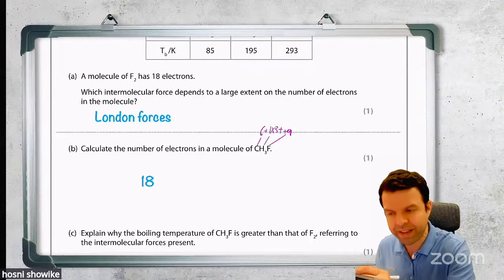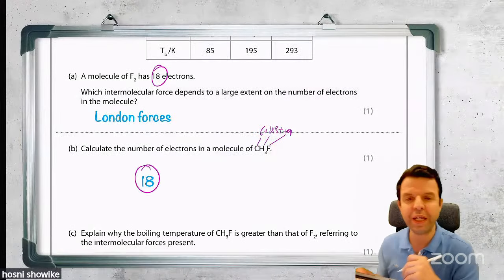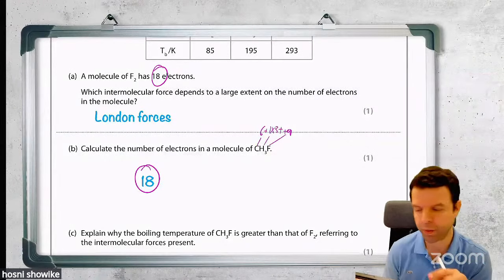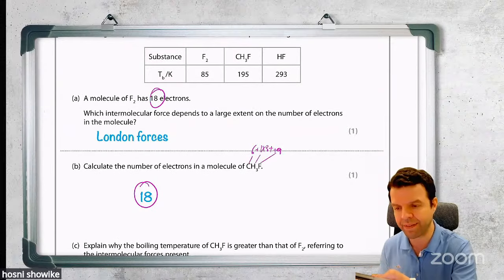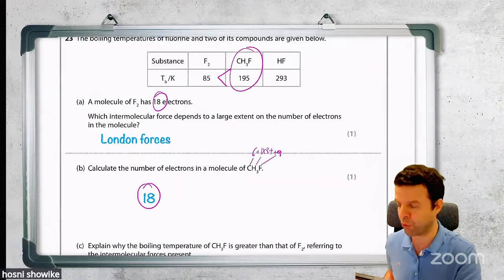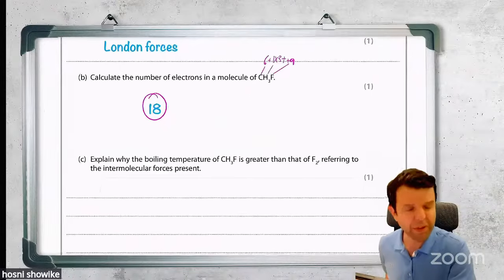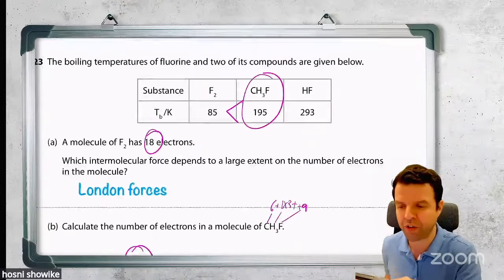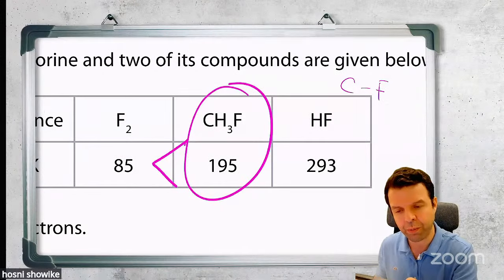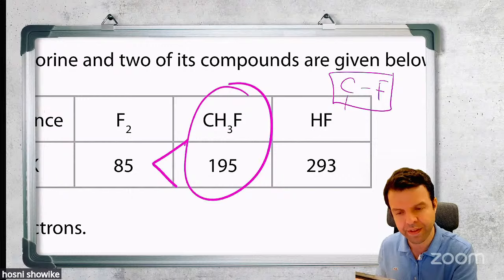Now, despite the fact that they both have the same number of electrons, meaning London forces is not the problem here. What is making this one here have a higher boiling point than F2? There must be another intermolecular force. What's the other intermolecular force when you have C and F? And please don't tell me hydrogen bond because there's no hydrogen bond.